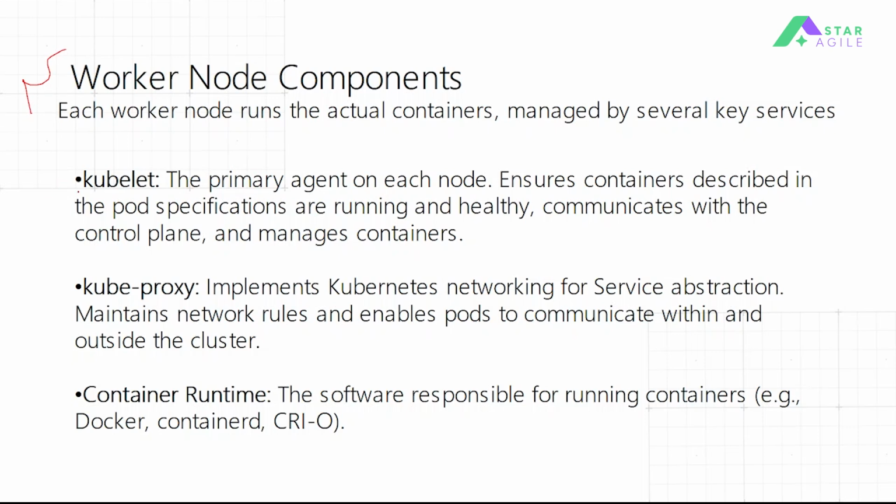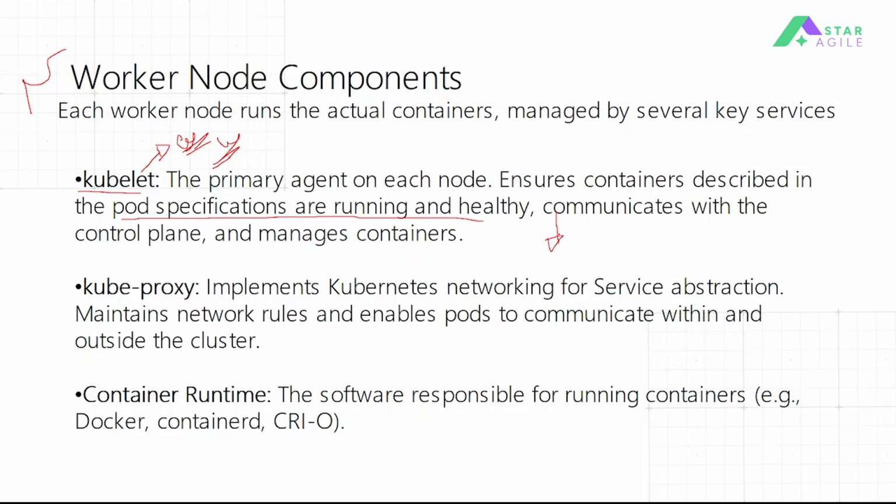Now, coming back to worker nodes. Like we discussed, Kubelet is a primary agent that runs on the node, and this Kubelet component will be running on each and every worker node, and it makes sure pod specifications are running and healthy. So it is the one responsible for making sure the pod is up and running, and if anything goes wrong inside a pod, it immediately informs the same to whom?